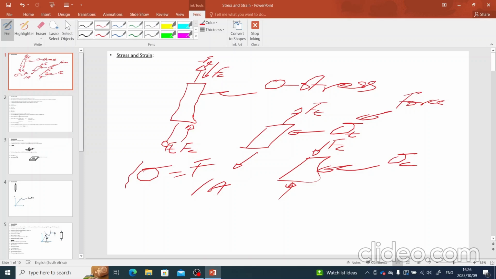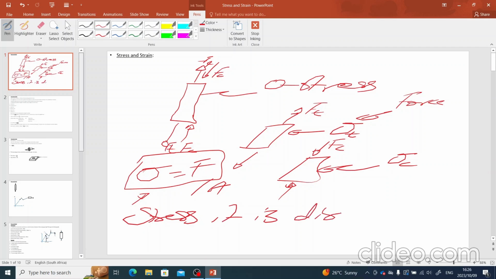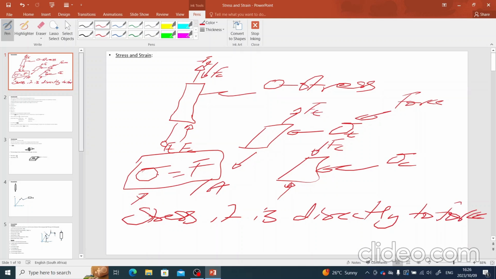If we were to cut this formula and interpret it, you would realize that it simply says stress is directly proportional to what, to force. That's what that formula simply means. It means that the stress will occur as a result of the applied force.